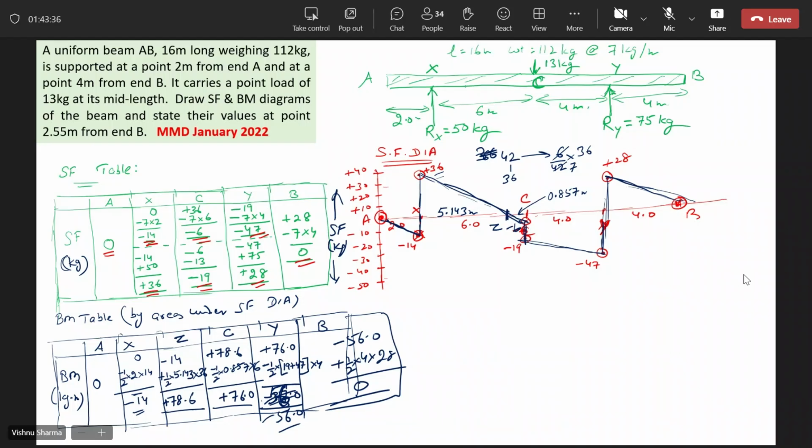If anybody is struggling at any of the points, let me know, class. Is the BM table okay with everybody, or is anybody still doing it? Please let me know. Still doing it.